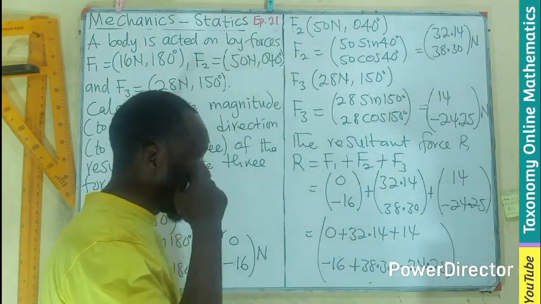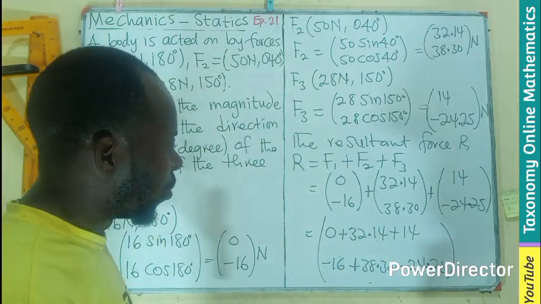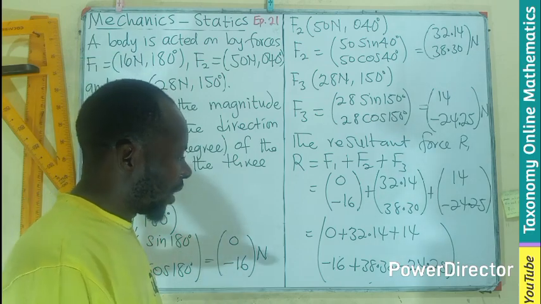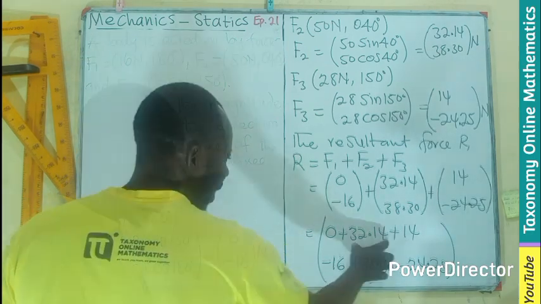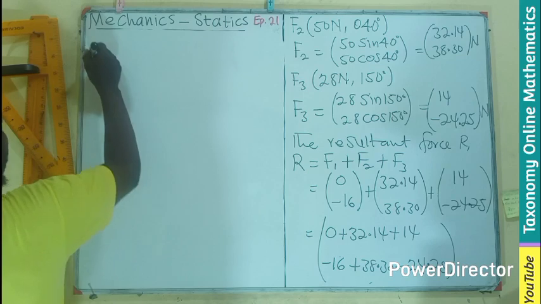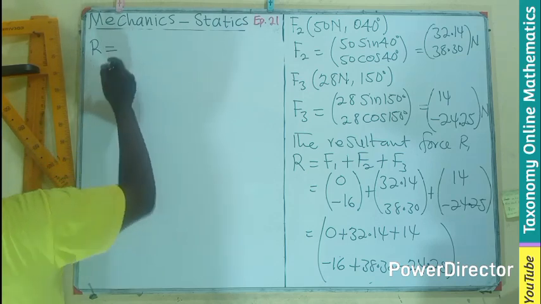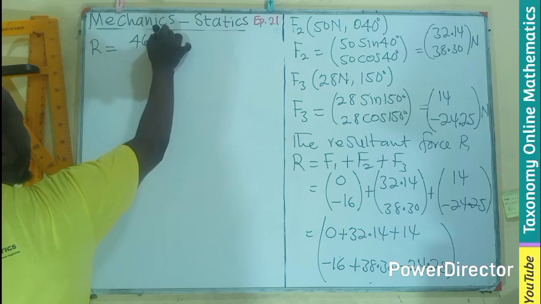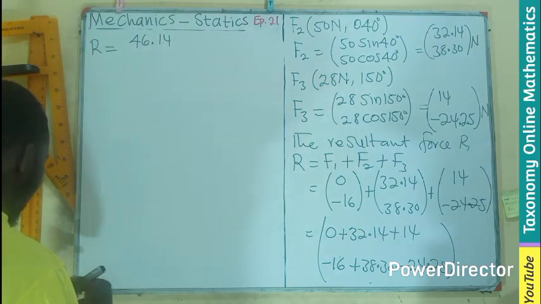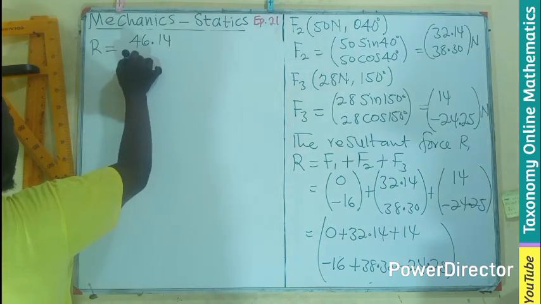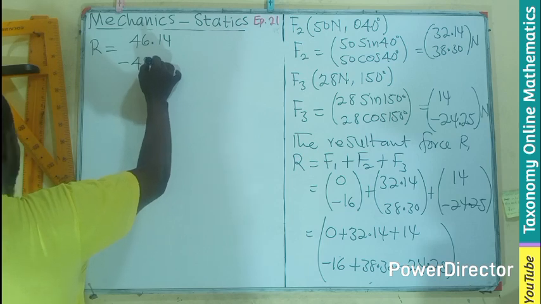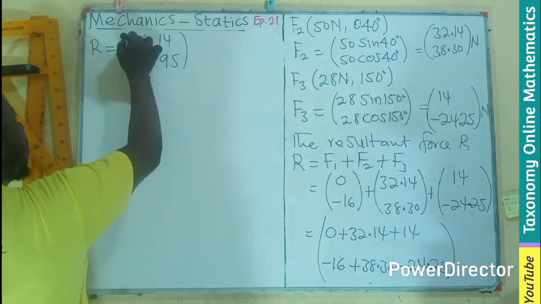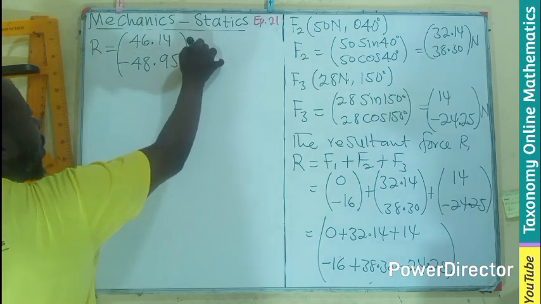We compute the x component and the y component and see the result. When we add this, our resultant equals 46.14 for the top one. Then if you add the down one, we have negative 48.95. This is in Newton.